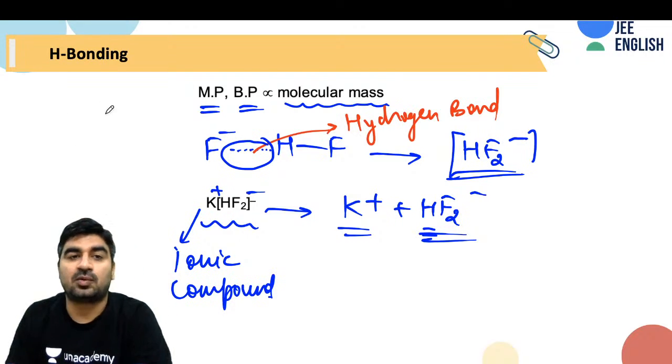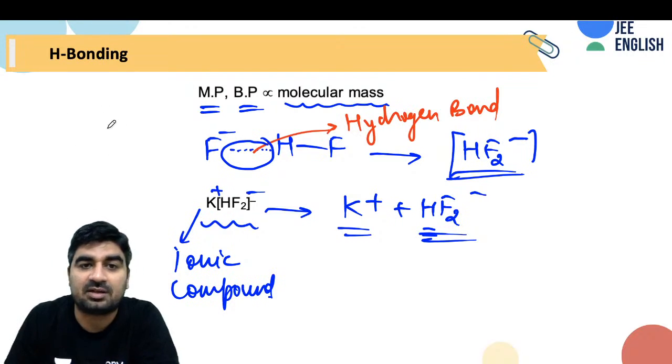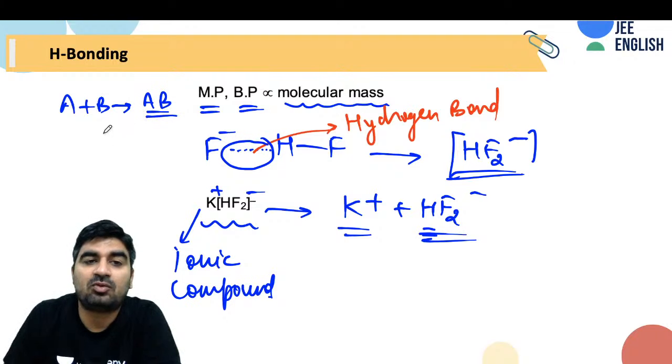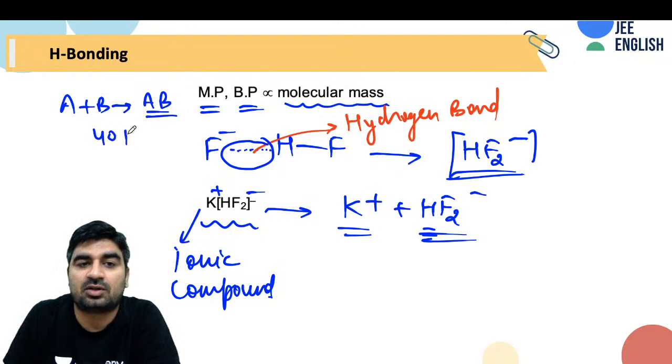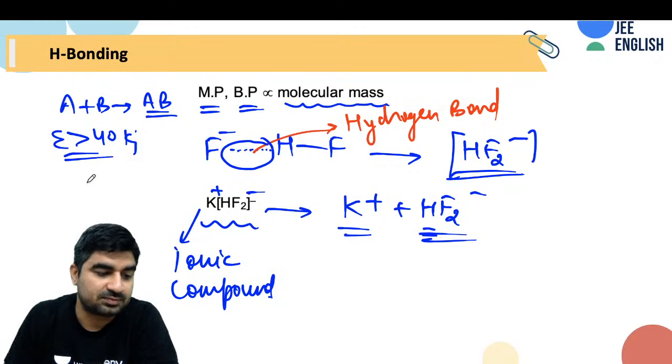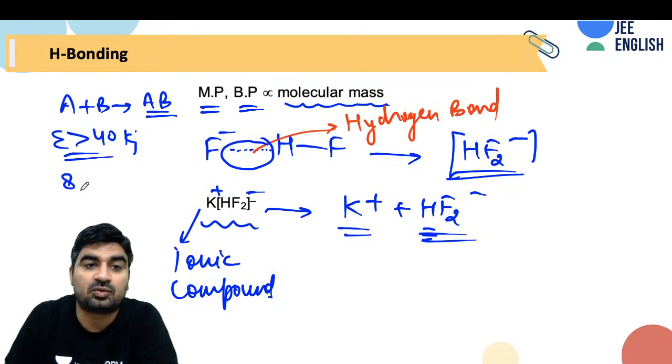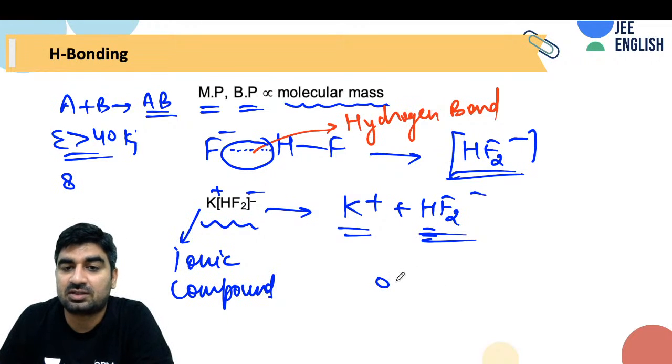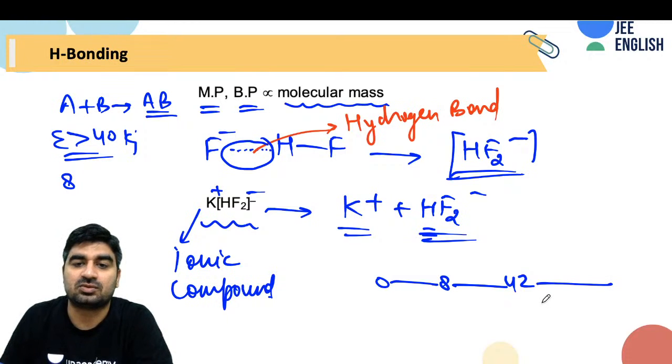In lecture 1, when I discussed chemical bonding, I told you that when a chemical bond is formed between A and B, the amount of energy released will be greater than 42 kilojoule. We categorize it as 0 to 8, 8 to 42, and greater than 42 kilojoule.